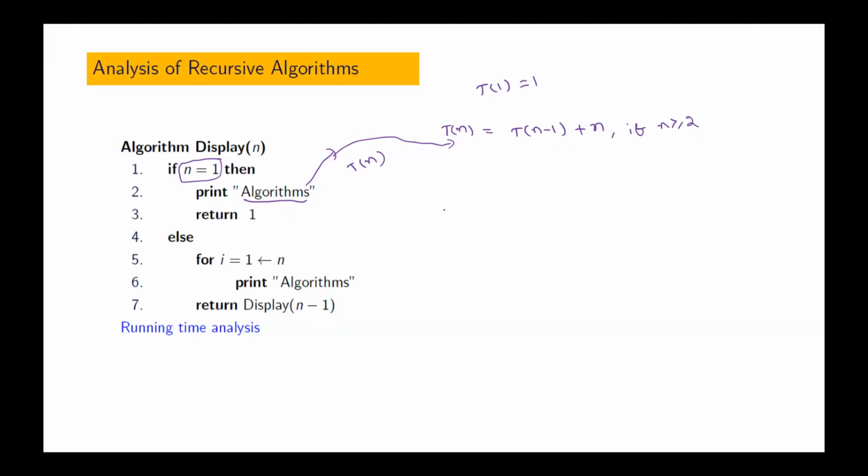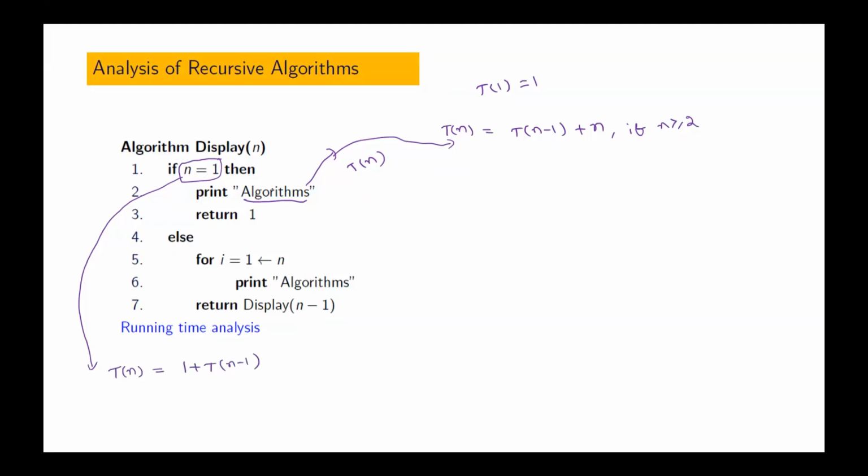The recurrence relation will be the same, only the initial condition would be different. If I am only counting how many times n equal to 1 is printed, the recurrence relation will be entirely different. T of n is 1 plus the number of times it is here. Correct?